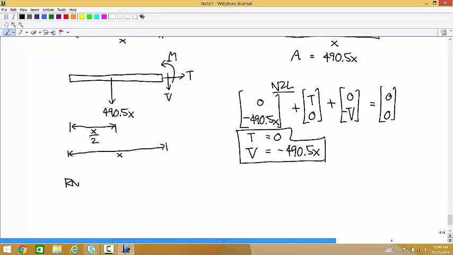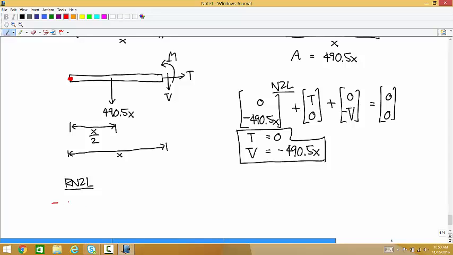And then the moment equation: 490.5x has a moment arm of x over 2. Would that produce a clockwise or counterclockwise rotation?